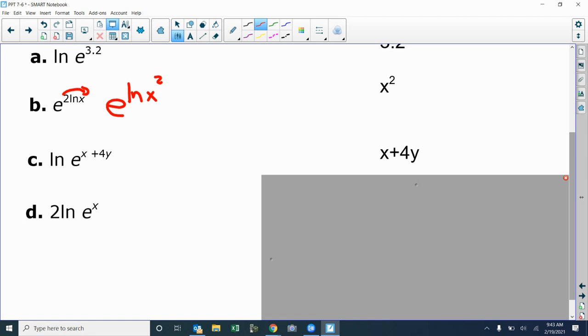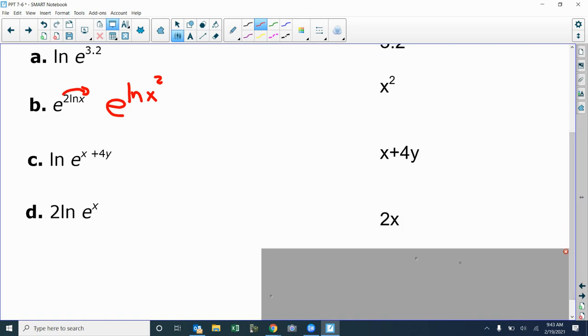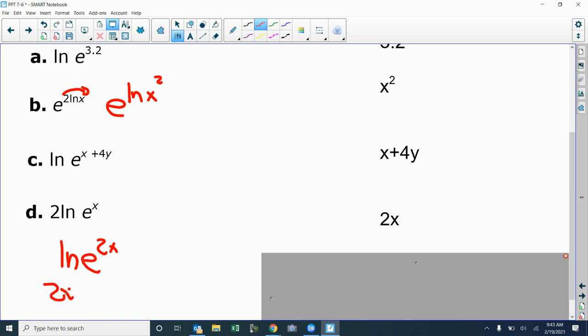Huh? x squared. 2x, okay? So it's going to be ln of e to the 2x. The other option, you can bring the x down front, you write it as 2x ln e.